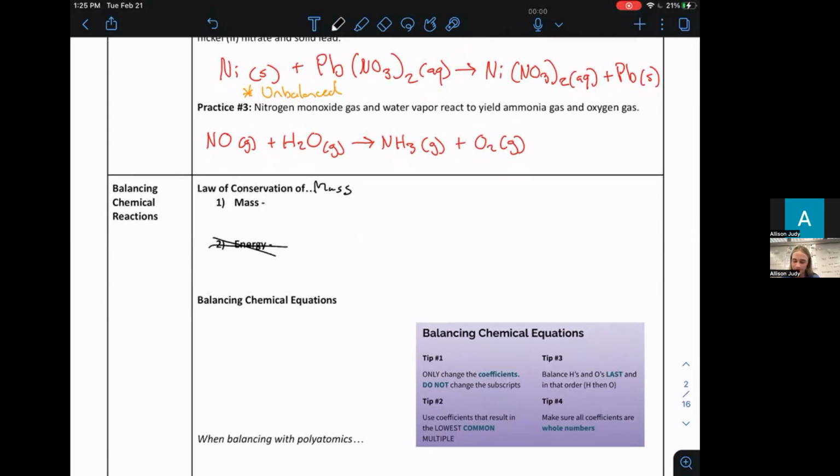So the important rule when we're talking about balancing chemical equations is the law of conservation of mass. I'm sure you have all heard it before. Mass is neither created nor destroyed. It's still abiding by the law of conservation of energy, just not important to what we're doing right now.